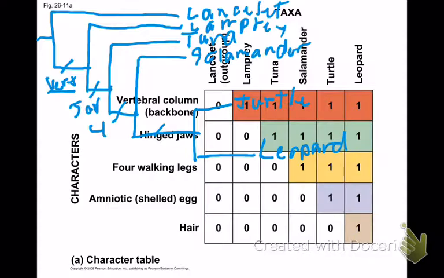Here we have the amnion. And here we have hair. So from this information, we can build a phylogenetic tree.